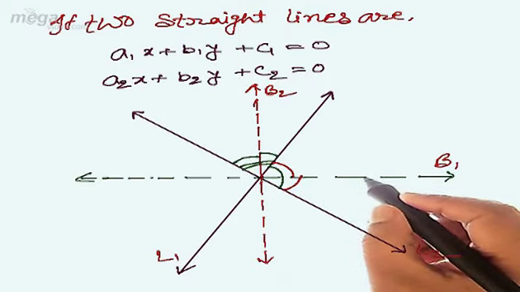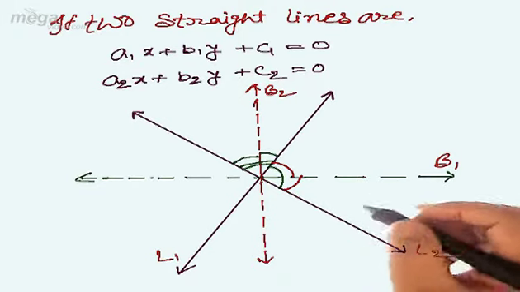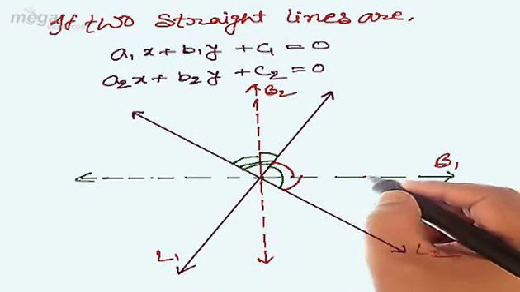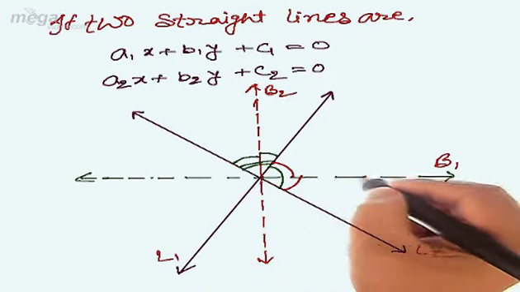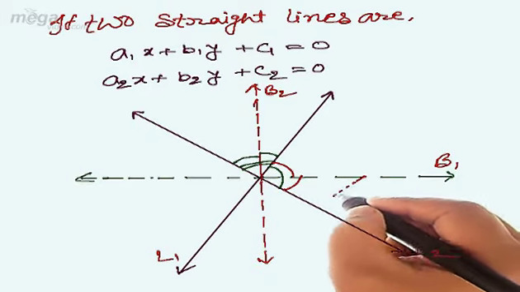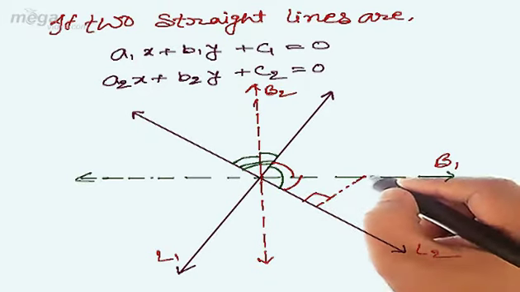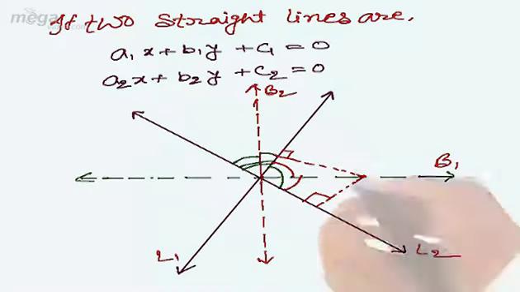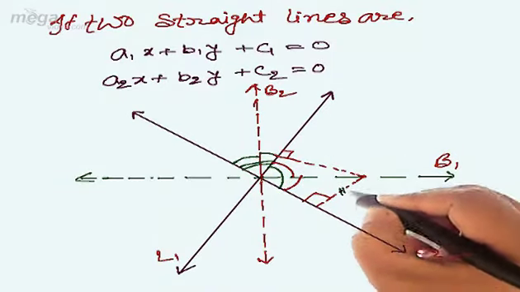Means if you take this as a point, then the distance of this point from this straight line and the distance of this point from this straight line will be equal. So you can take this as a distance and this as a distance. These two distances will be the same.